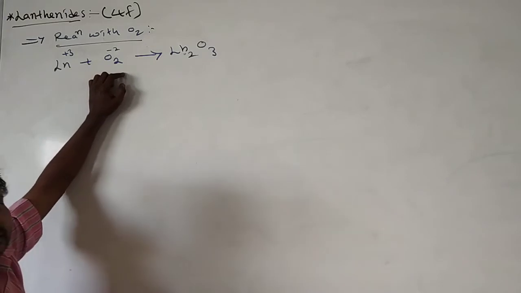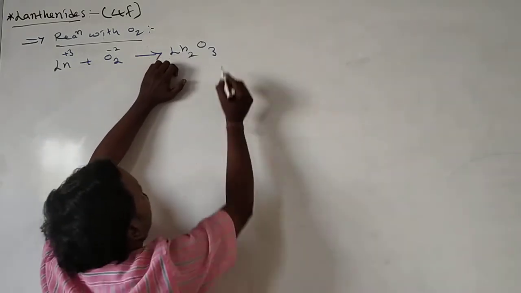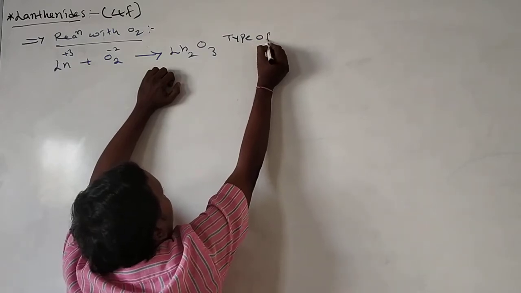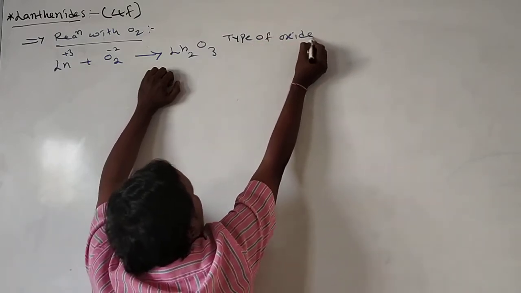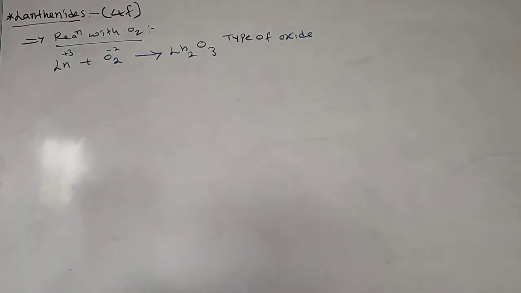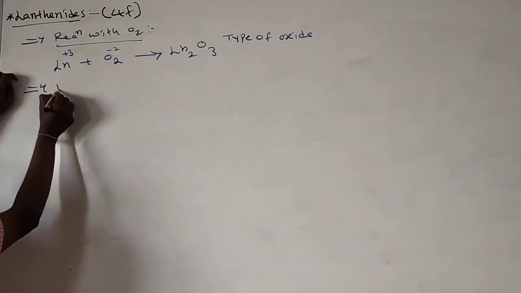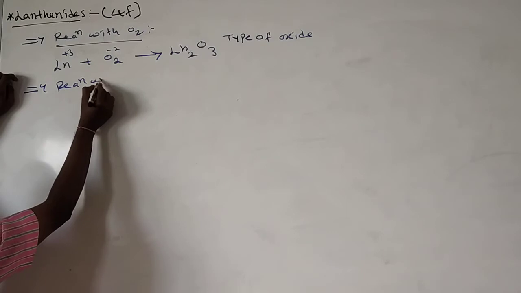Lanthanum reacts with oxygen and forms Ln2O3 type oxides, which we call lanthanum trioxide. Next, reaction with nitrogen.